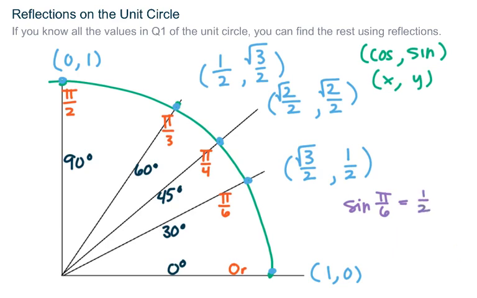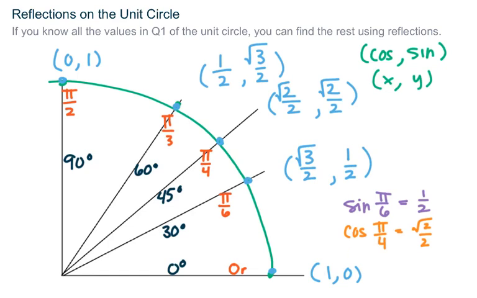Or I could say, tell me cosine of pi over 4. Here's pi over 4. Cosine is root 2 over 2. And we want to be able to take that logic and do that for any value on the unit circle.